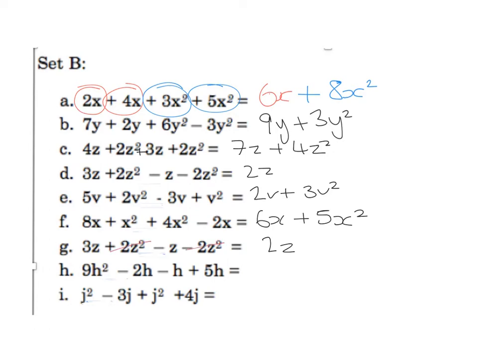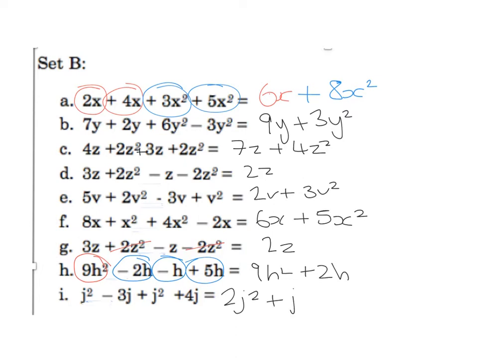These are going to cancel to give us 0. So our answer is just 2z. And then we've got nothing to match the 9h squared up to, but we can collect all of these. So we end up with 9h squared staying as it is, and then we get plus 2h when we collect the other three terms. And then the last one, 2j squared plus j.